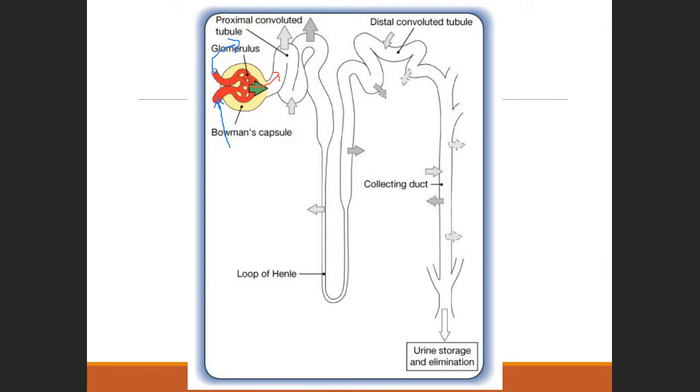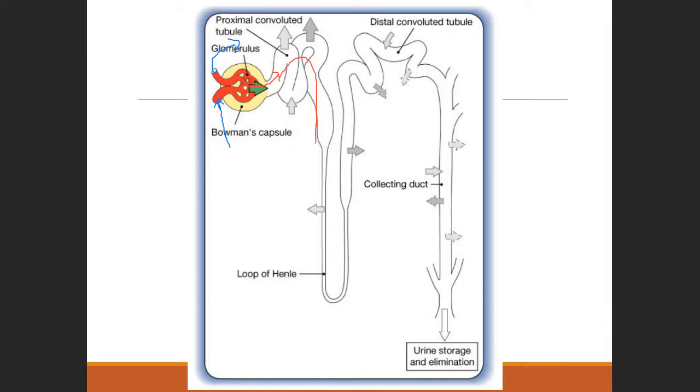Glucose, sodium, potassium, magnesium. Anything that's dissolved in the blood would have left the glomerulus with the fluid, with the exception of our formed elements, our cells, and our plasma proteins.